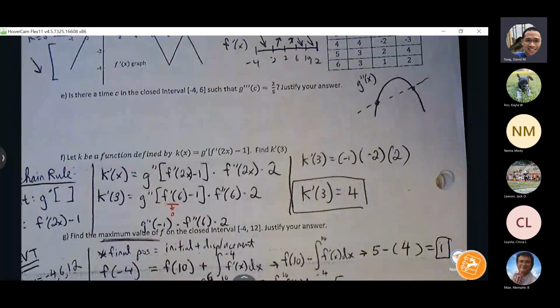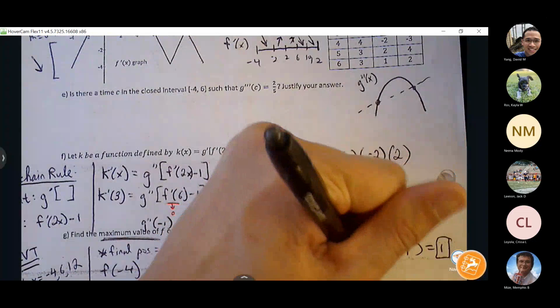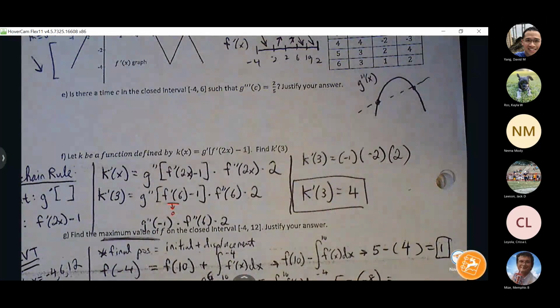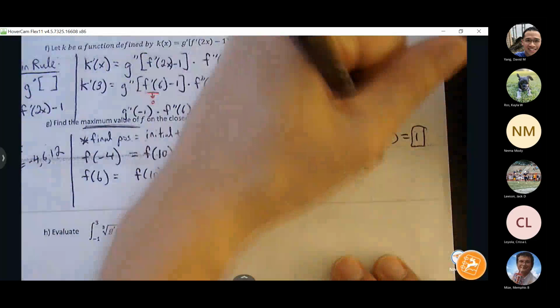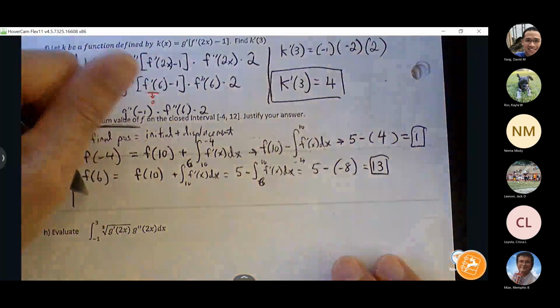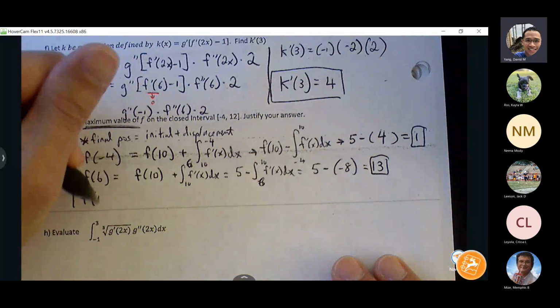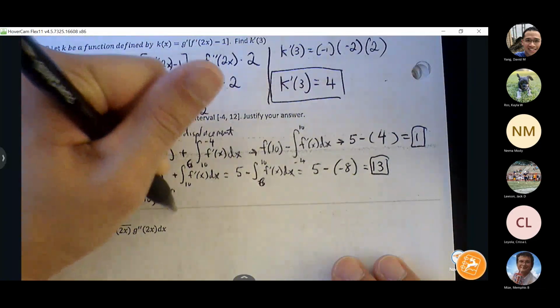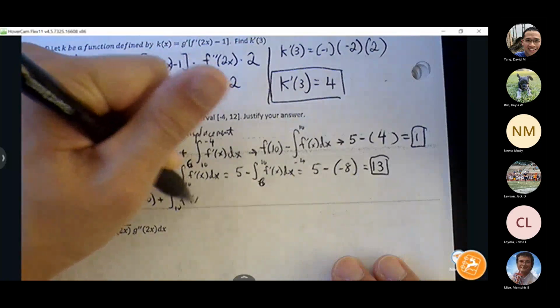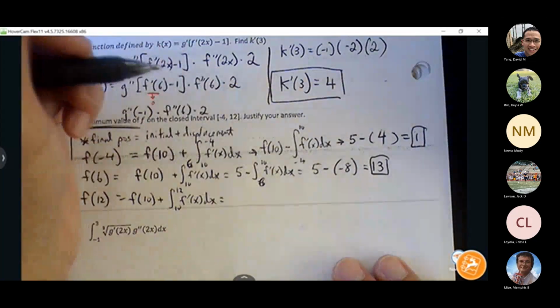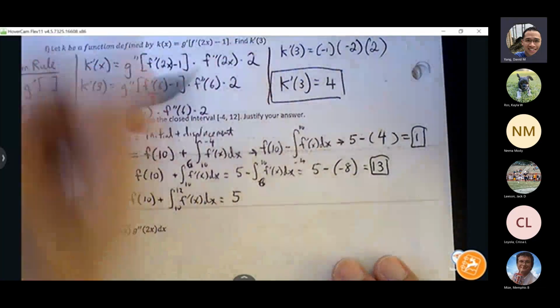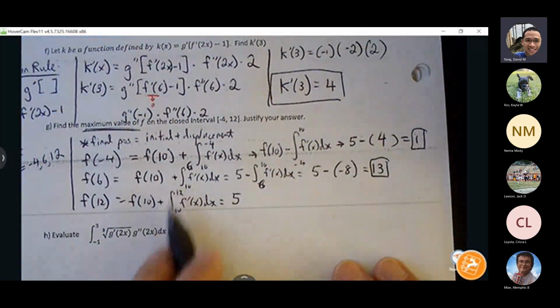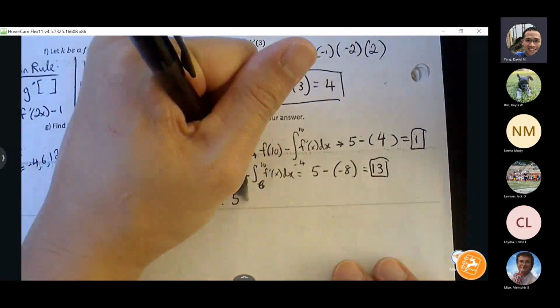So 6 to 10, that's just going to be -8. And finally, f of 12. So f of 10 is again 5. Here, there's no need to flip the bounds because I'm going from 10 to 12. It's already in the order that I want. 10 to 12 is below the x-axis.